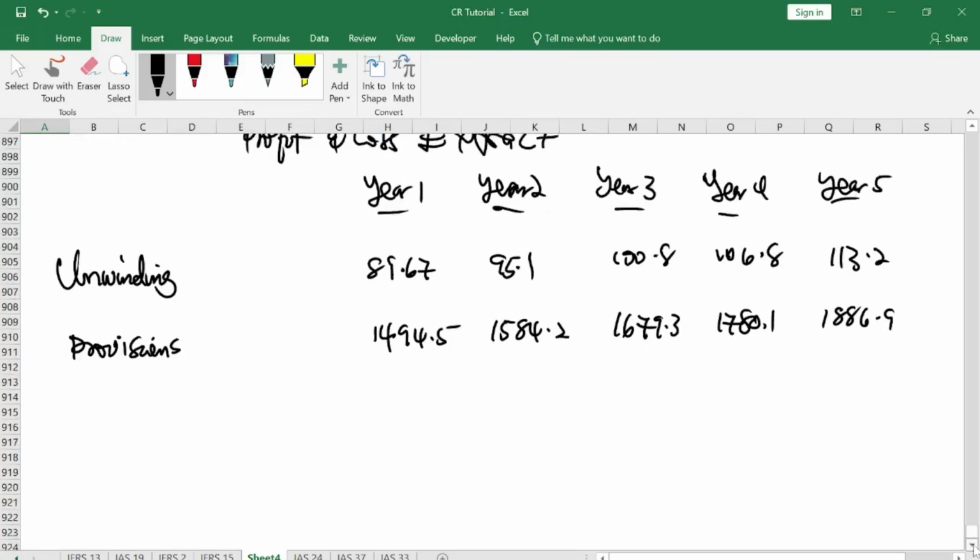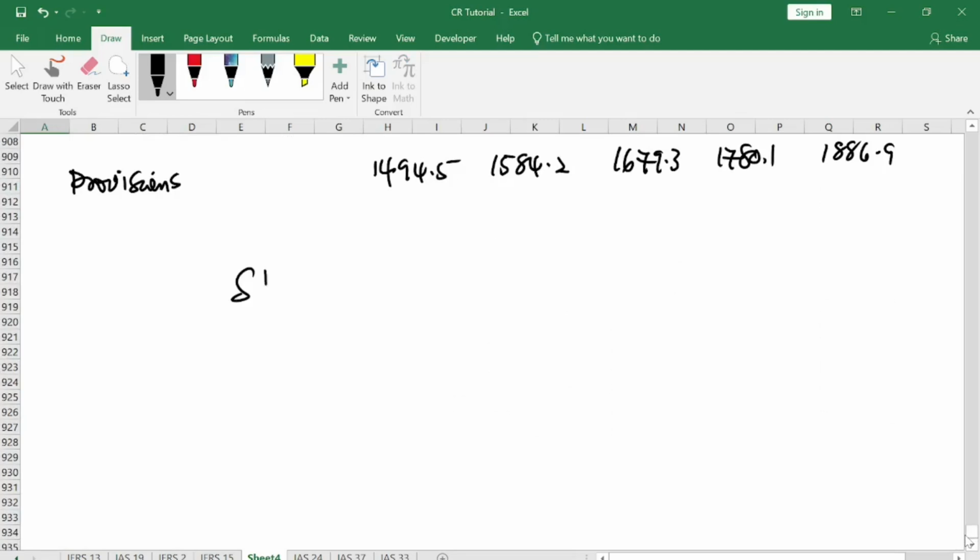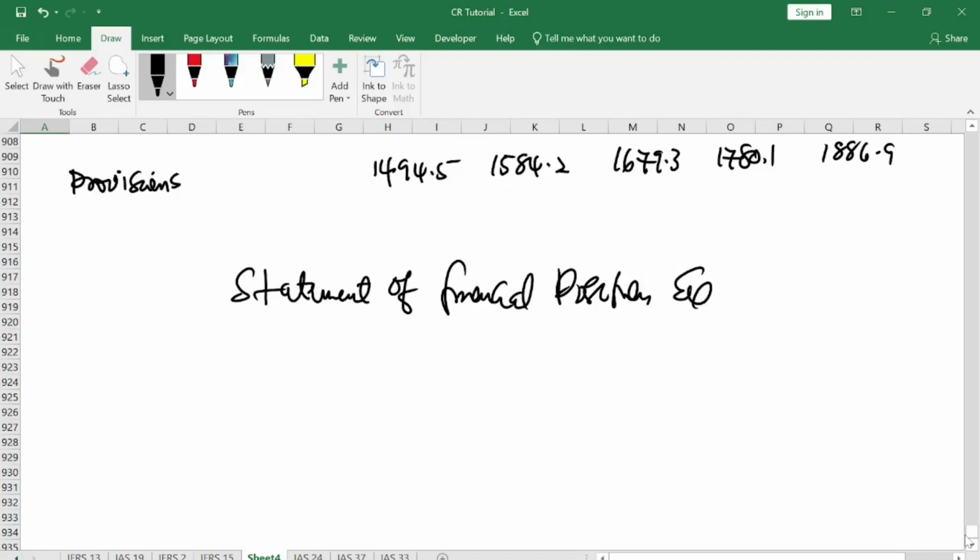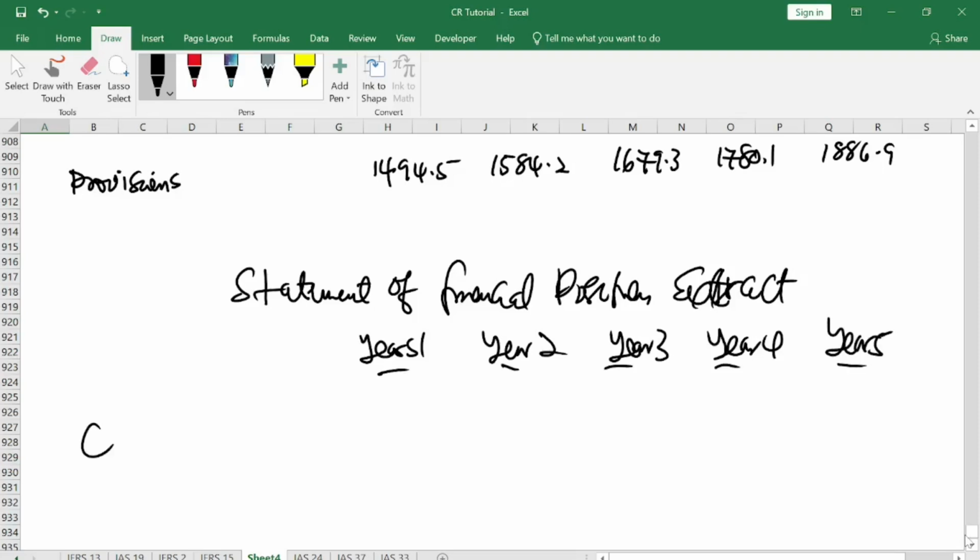Good. Let us look at the statement of financial position. Under your current liability, you have your finance cost or the unwind.